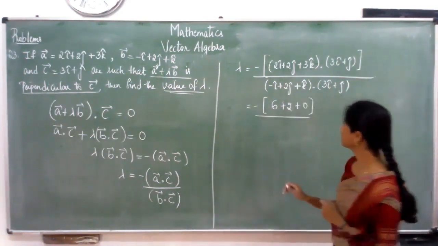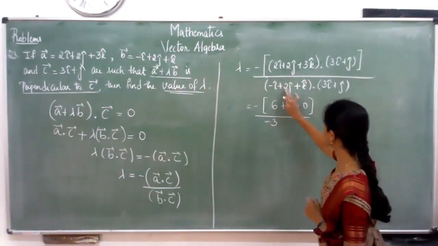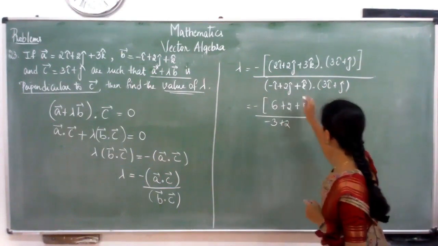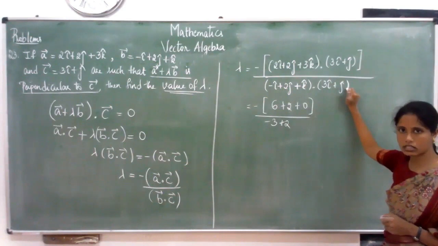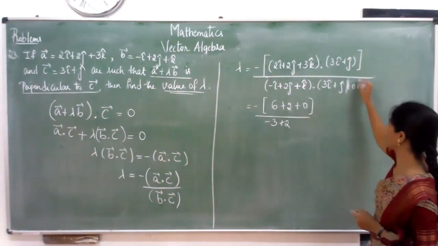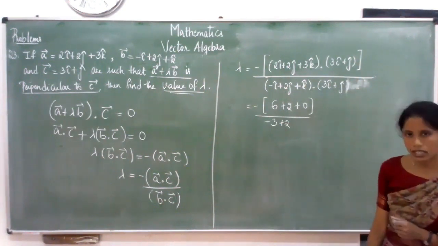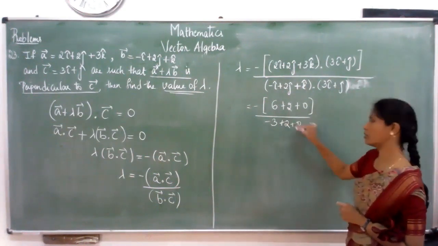Whole divided by. Next, minus 1 into 3, it is minus 3. Then you have plus 2 into 1, it is plus 2. Then 1, again you don't have k component here, therefore it is understood it is 0. So, or else you can even write this as plus 0 k cap if you want. Or else just 3i cap plus j cap. So, 1 into 0, it is 0 plus 0.